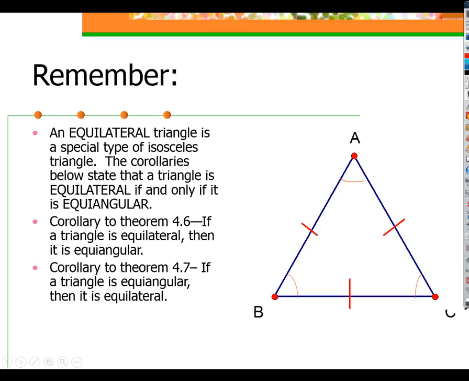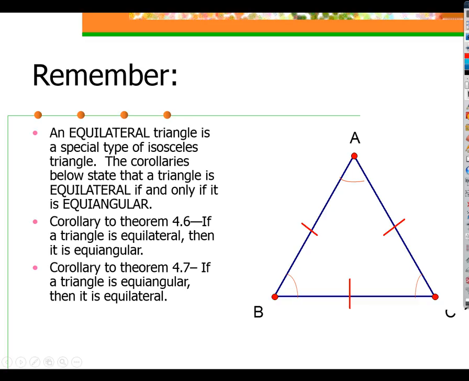Okay, so ignore that side initially. If I know that in this triangle these two sides are congruent, then the opposite angles are also congruent, right? So the fact that those sides are congruent implies that angles B and C are congruent. Just gotta do it one more time.